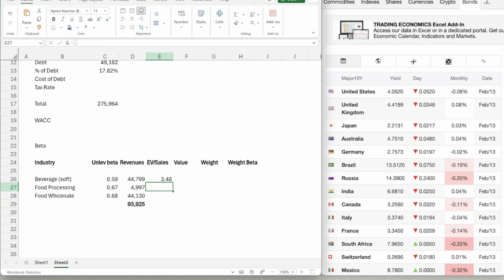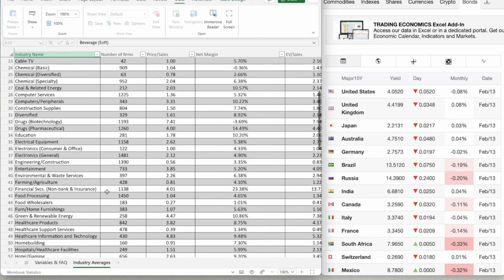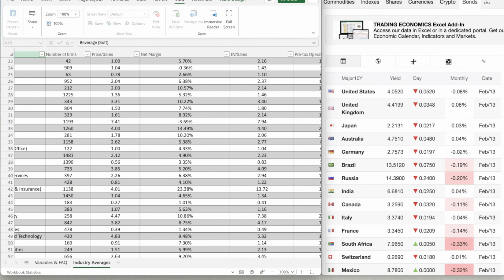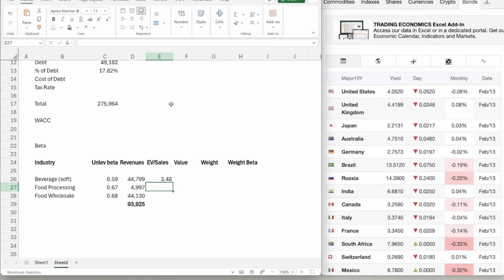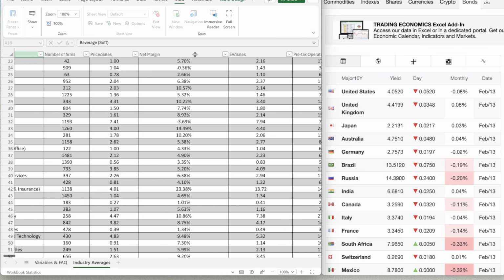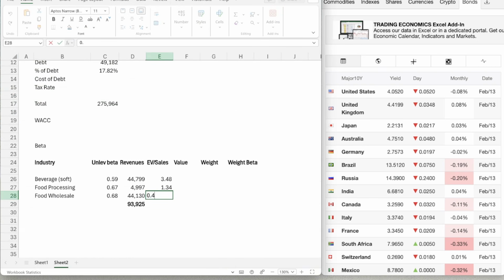Food processing, 1.34. Food wholesale, 0.41. We put the value as you take the revenues and you multiply it by the EV to sales.